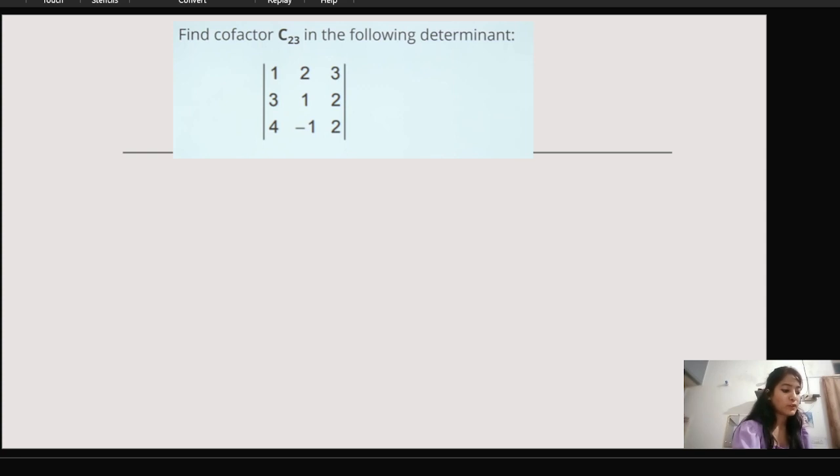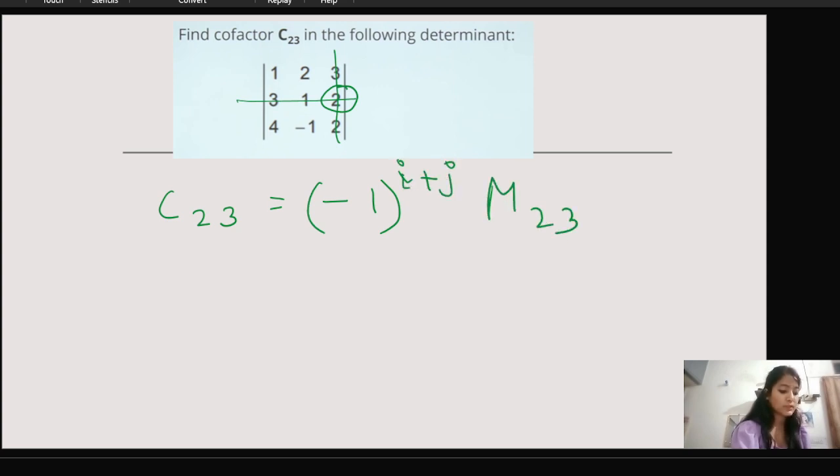Now we have to find the cofactor C23. We have already found the minor. So it is minus 1 to the power i plus j, times the minor M23. This is the formula.